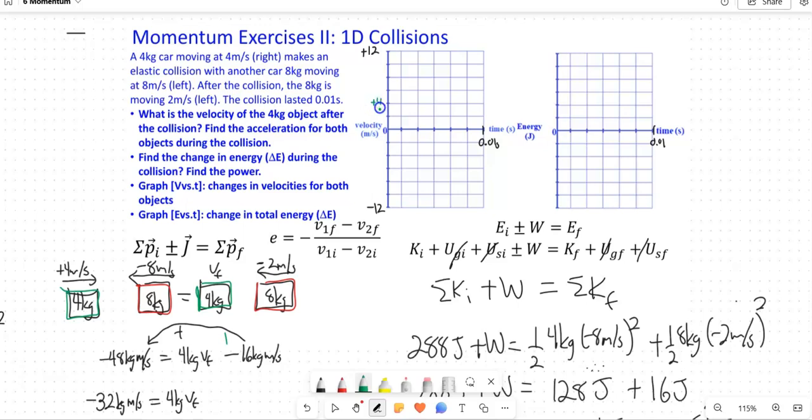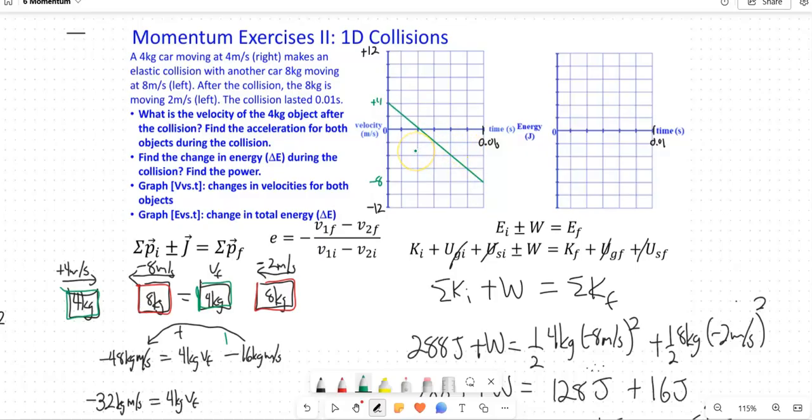That's +4 meters per second, and it ends at a velocity of -8. So that's 2, 4, 6, 8. So that's going to be -8, and it's going to look like this.